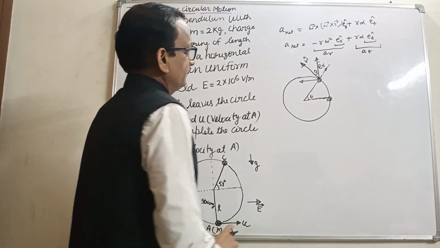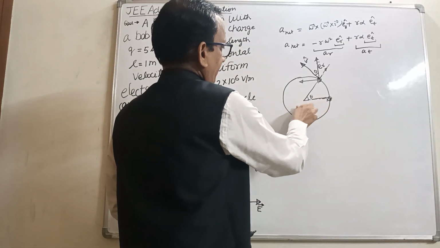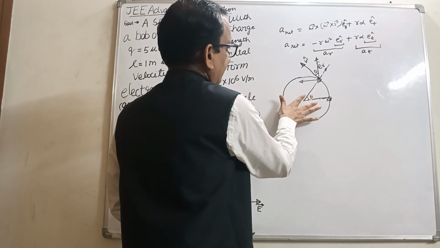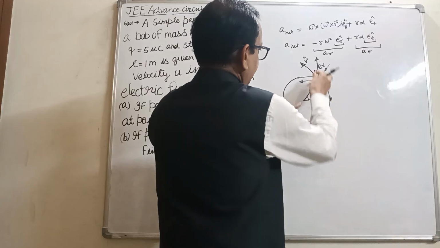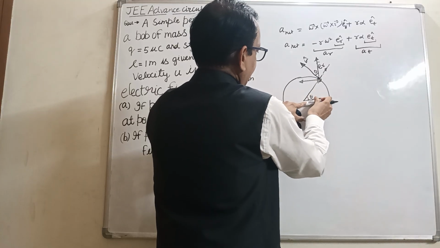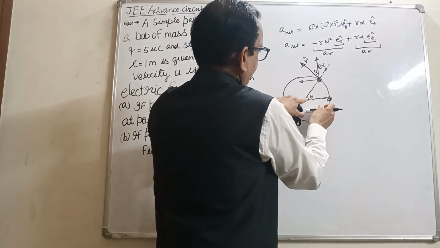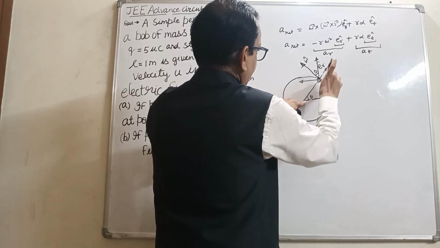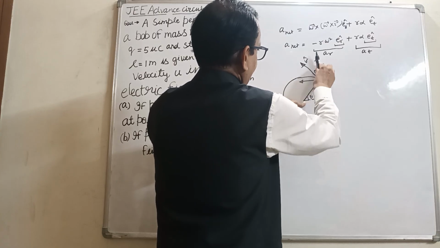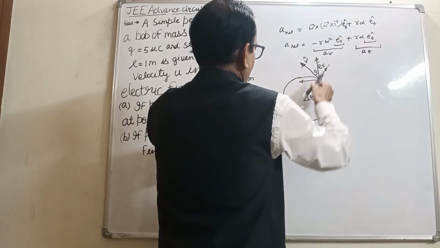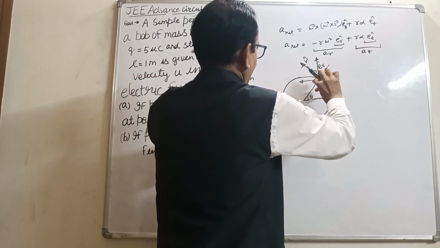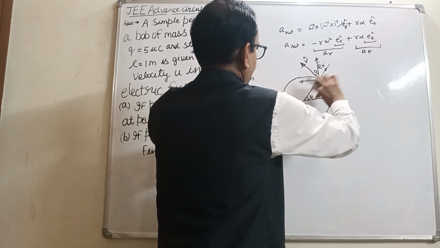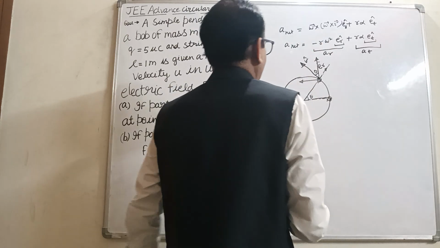We know that when two lines make the angle theta, their perpendicular lines also make angle theta. So this line is perpendicular to this line, and this line is perpendicular to this line, so this angle is also theta.